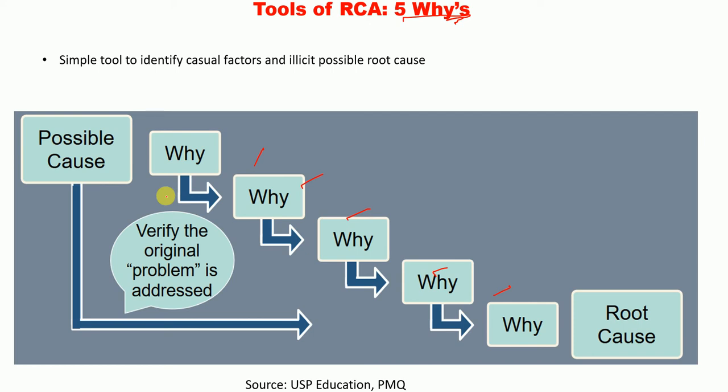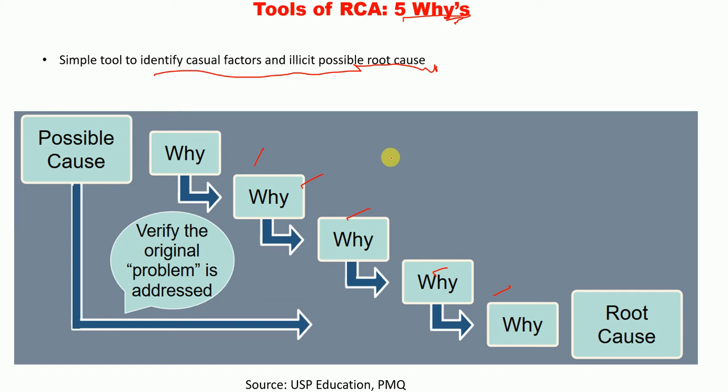It is a very simple tool that can identify causal factors and elicit possible root causes. We keep on asking why the problem occurred. If somebody gives a reason, and the reason is there, we again ask why, and why, and why. This tool will ultimately help us identify what might be the root cause of the problem.